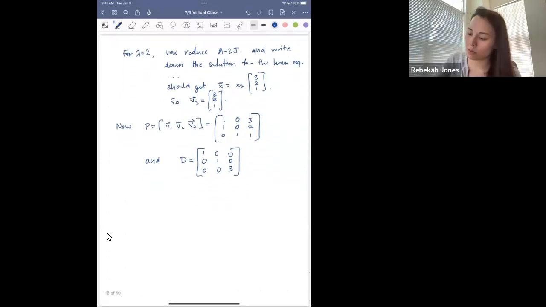And then also, we can find P inverse, which remember we compute by row reducing the matrix P augmented with the identity matrix.